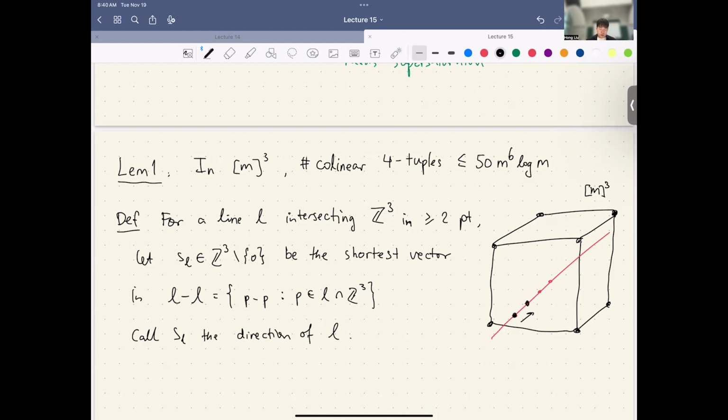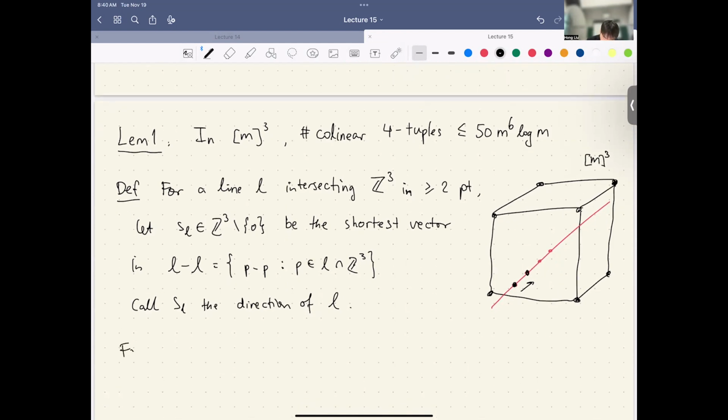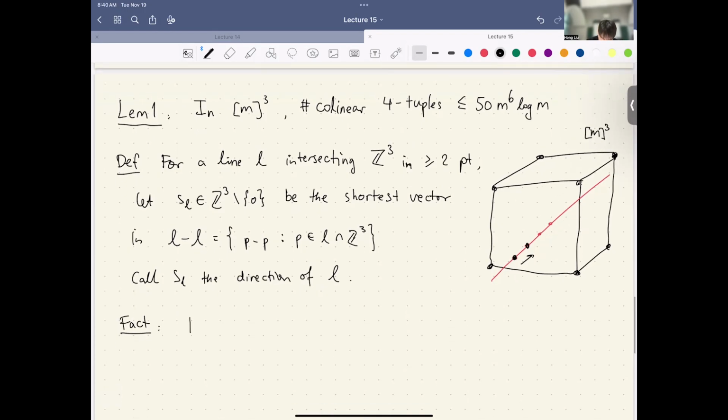Okay, here's a simple fact that you can check. Let's give this a name. Let me write size of L to be the number of integer points, the grid points L contains within this discrete cube, M cube.